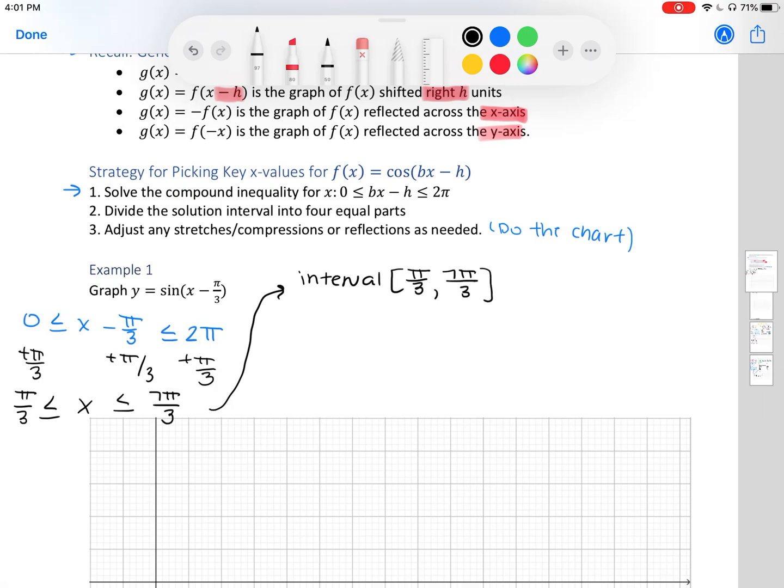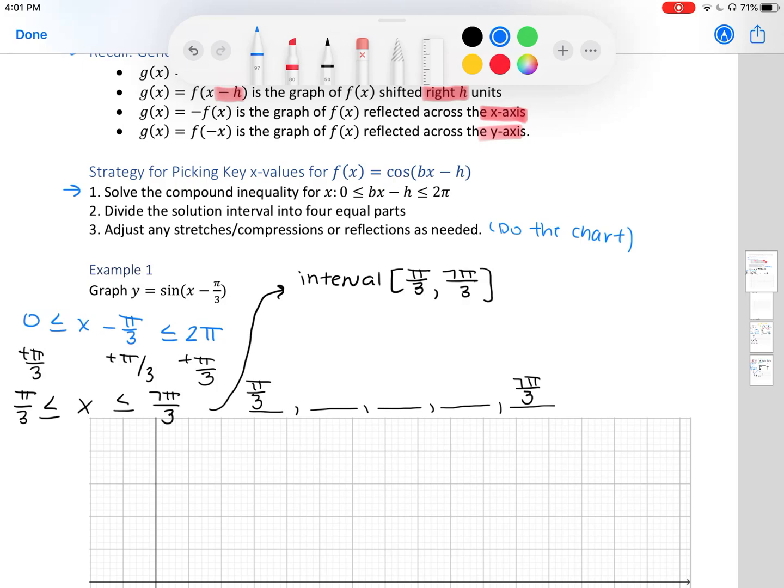From there, we want to find our 5 points. So we know the first and the last. We have 1, 2, 3, 4, 5 points. We're going to start with pi over 3 and end with 7 pi over 3.